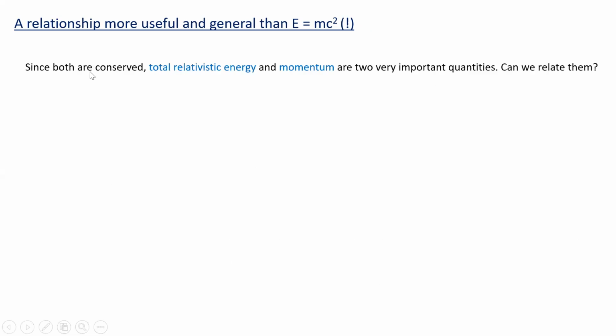Since both are conserved, our total relativistic energy and our relativistic momentum are very important quantities. Is there any way to relate them? It'd be great if they were related to each other, since they're both conserved in any interaction, and that would be very useful in analyzing what happens to particles in collisions and so forth.